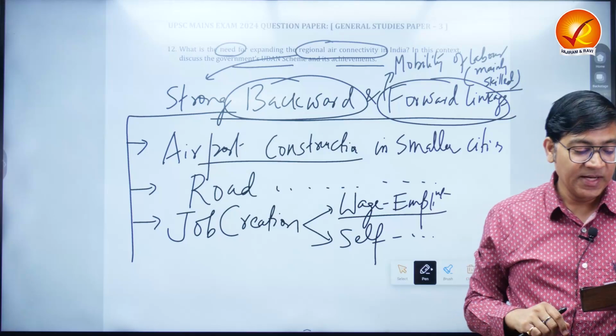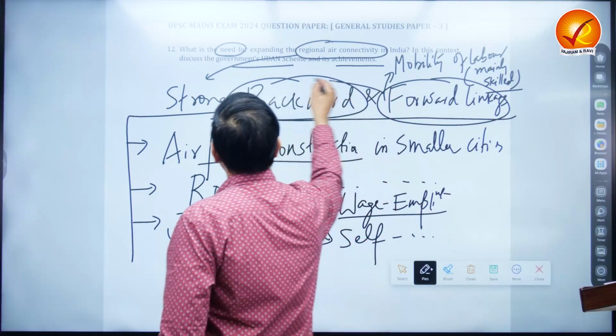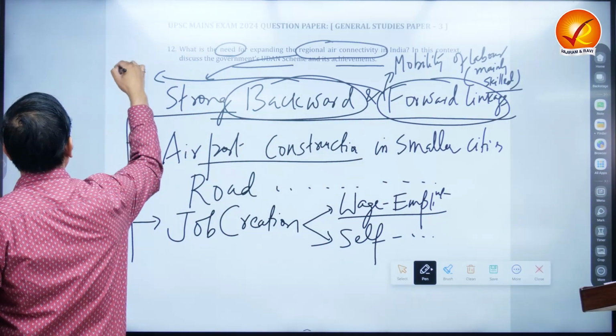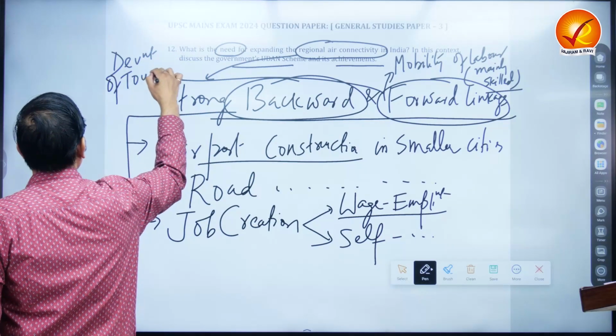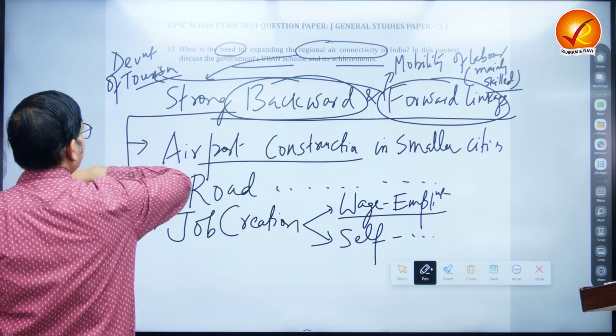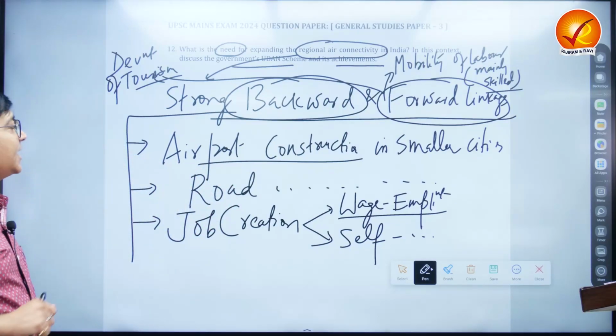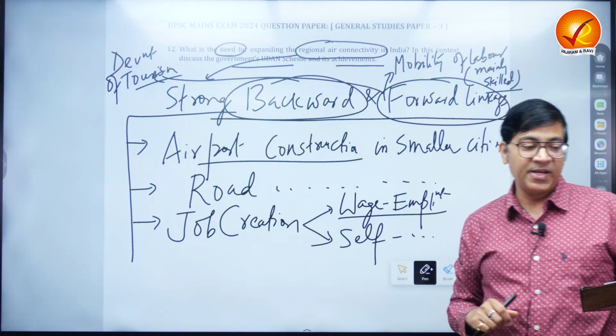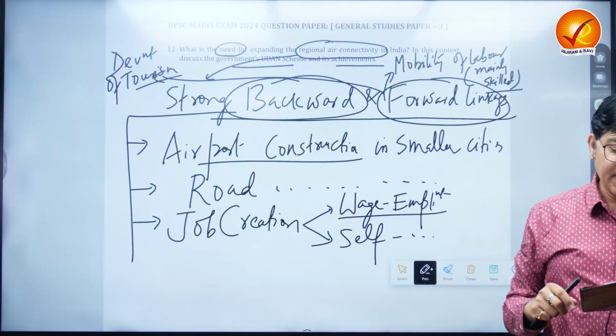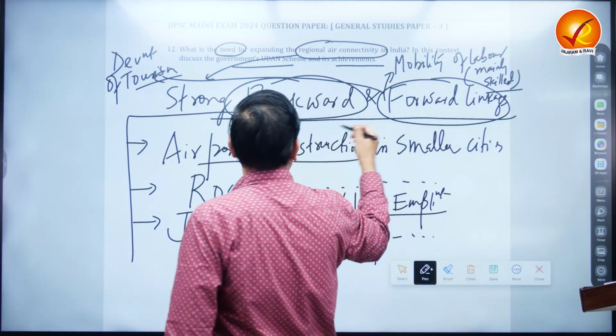That is possible. Then another forward linkage can be development of tourism. In fact, in one of the aspects of UDAN scheme, we'll see that the tourism-related destinations have been encouraged even more. Then other type of economic activities.